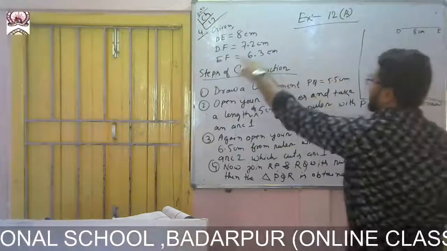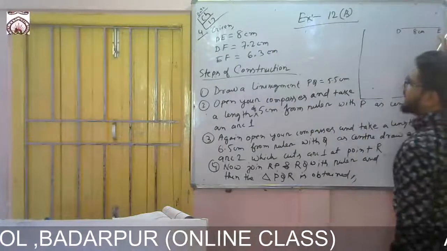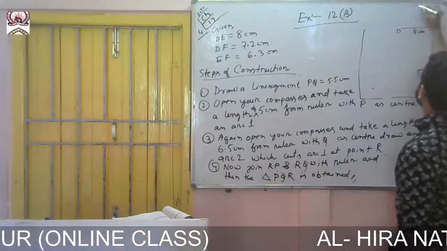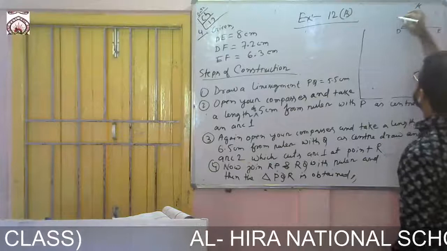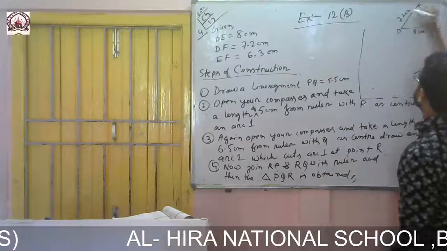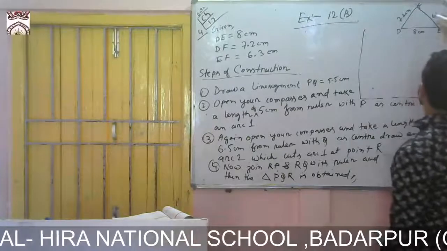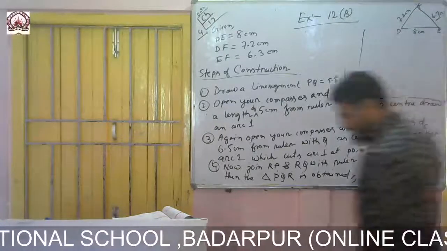Then EF and DF. Here will be F. DF will be 7.2 centimeter, and EF will be 6.3 centimeter.